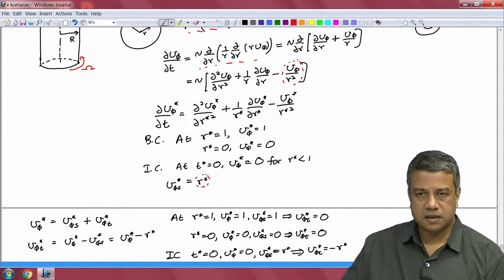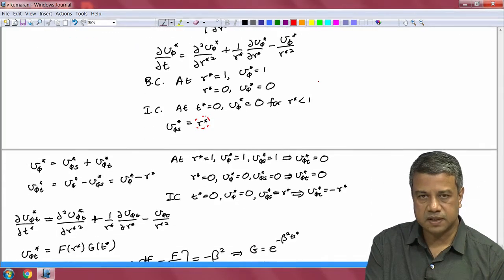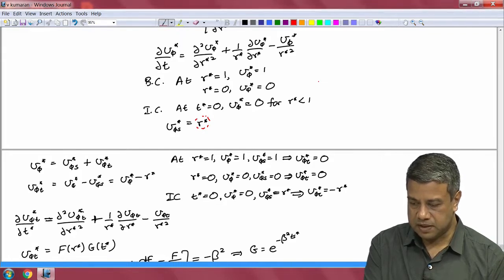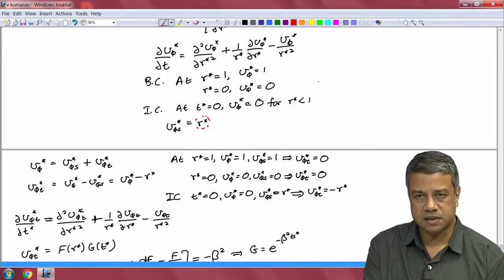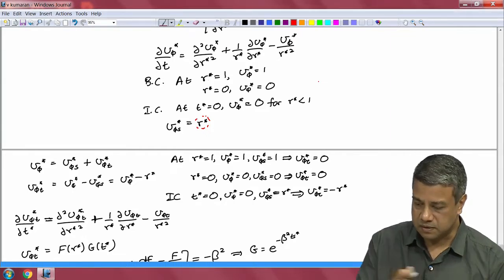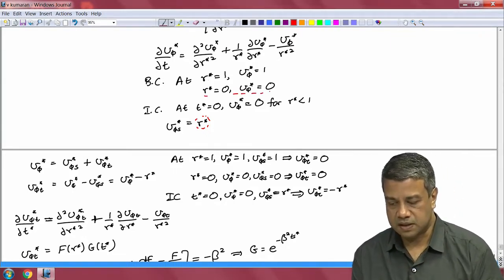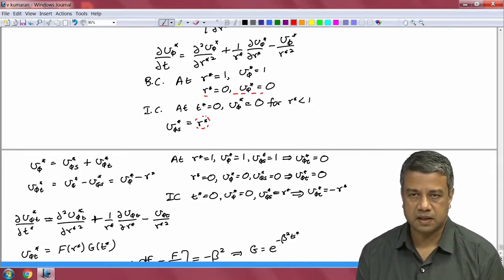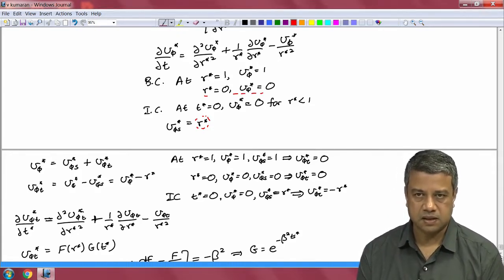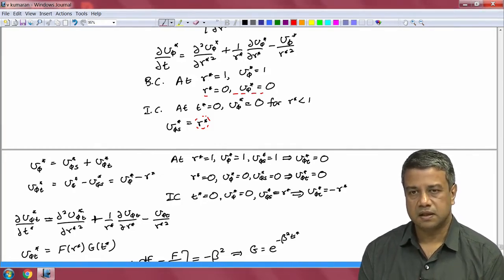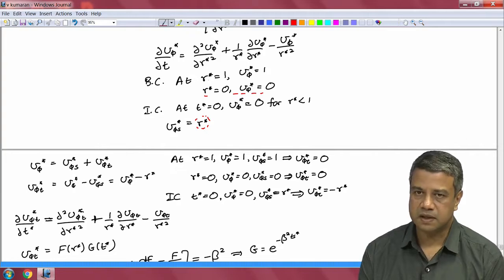We had expressed the solution as the sum of a steady part plus a transient part. For the steady part, the velocity is 0 at the center, and for the total solution also the velocity is 0 at the center. You recall that this condition emerged from symmetry. At the axis, r equal to 0, if v phi is non-zero, it would imply that the angular velocity goes to infinity at the center.